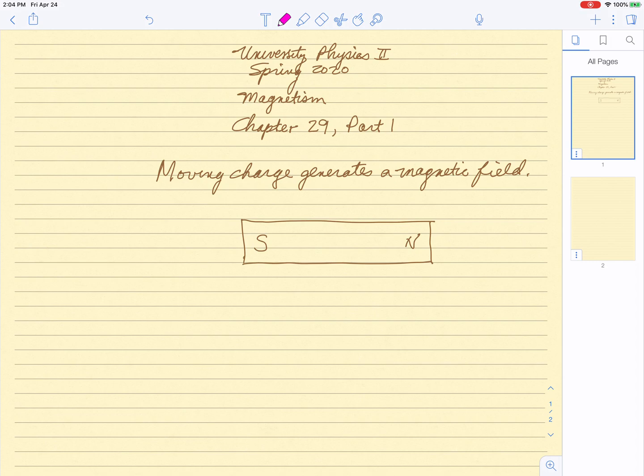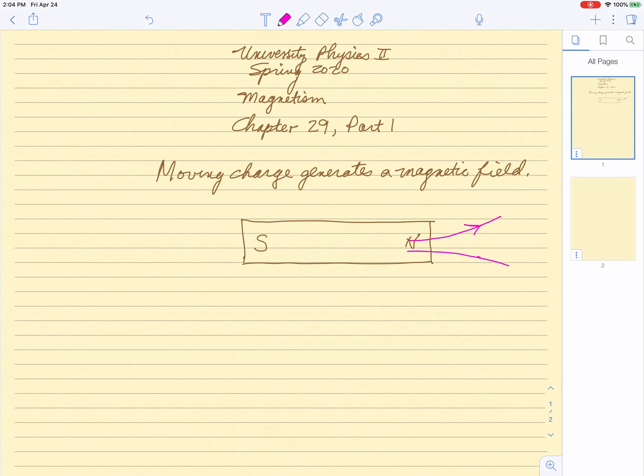And if you haven't done that experiment, you can look it up on YouTube. But magically, surprisingly, one can map out the magnetic field lines. And magnetic field lines, as we talked about before, will start on north poles and end on south poles.